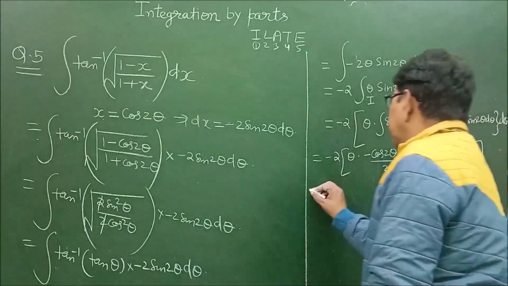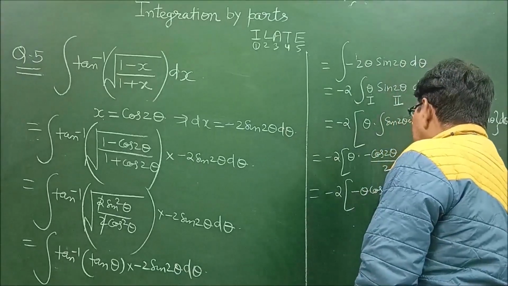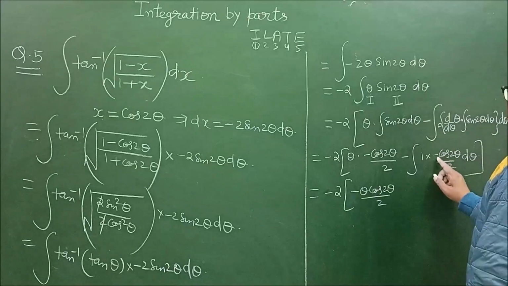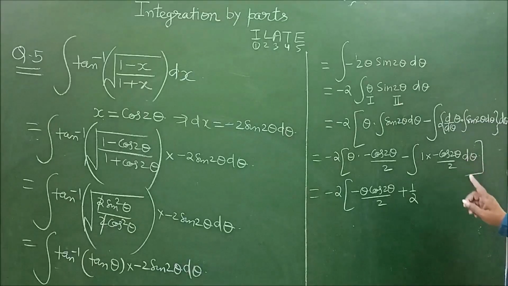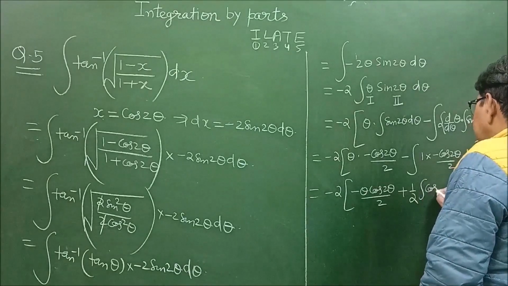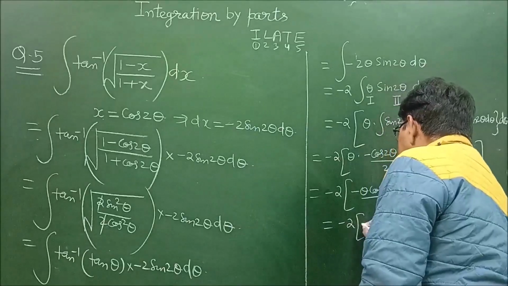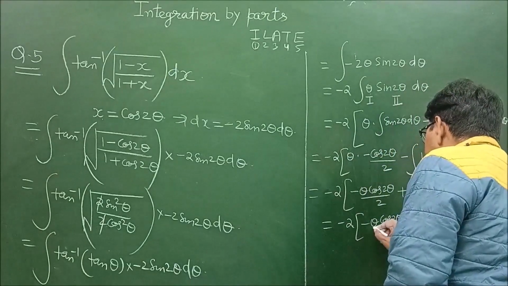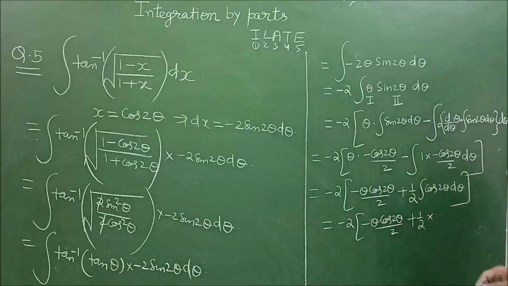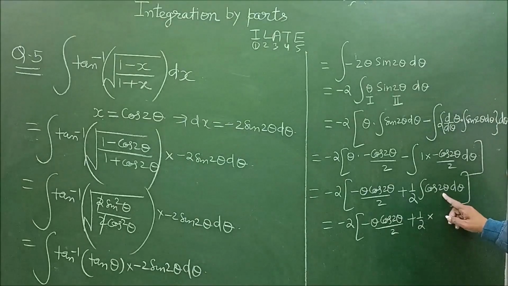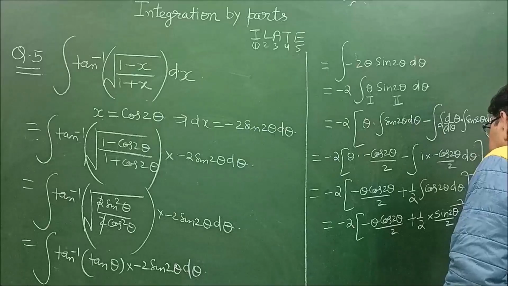So which is equal to minus 2 into minus theta cos 2 theta upon 2, and this minus minus becomes plus 1 upon 2 integration of cos 2 theta d theta, which is equal to minus 2 into minus theta cos 2 theta upon 2 plus 1 by 2 into integration of cos 2 theta, which is sin 2 theta upon 2, plus c.